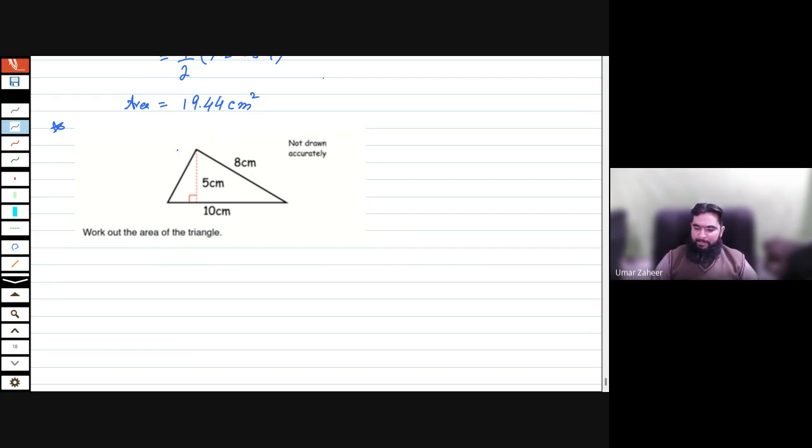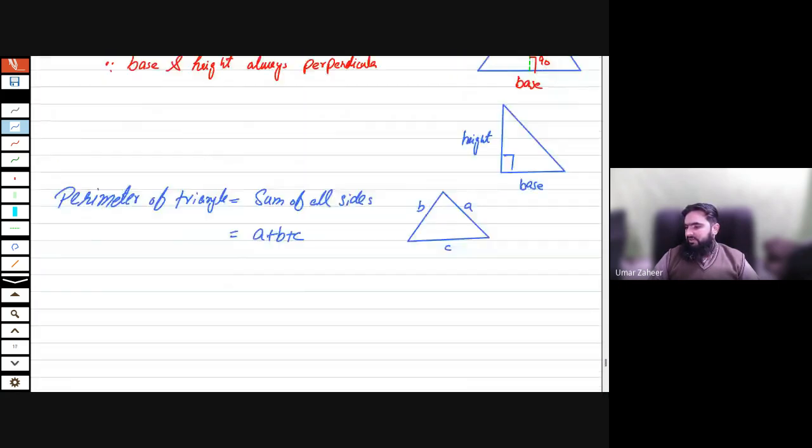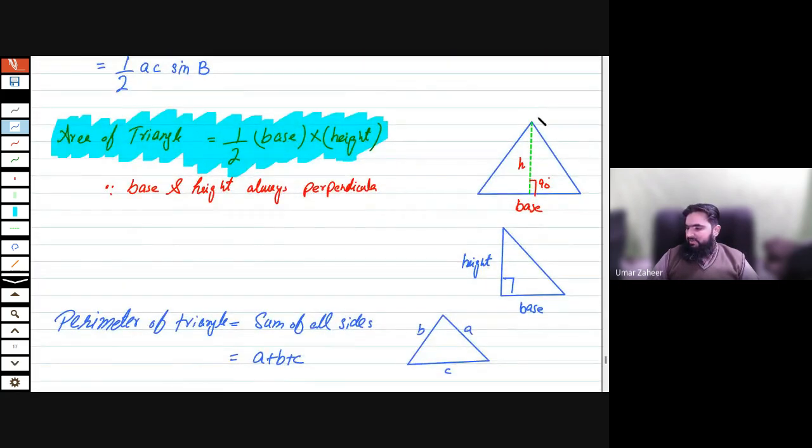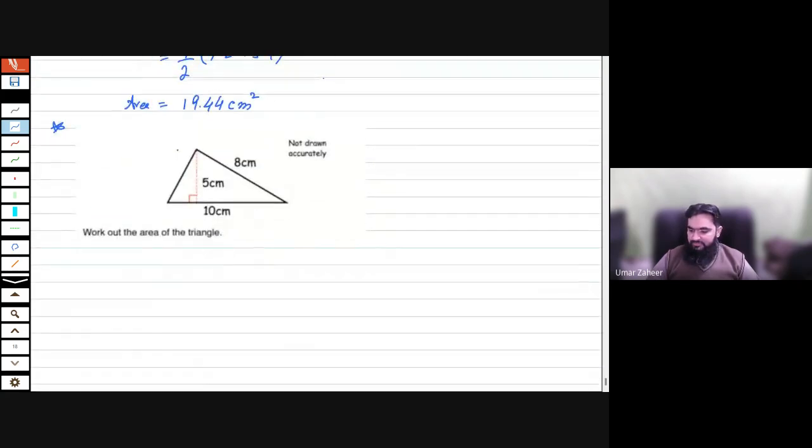Look here, if you have a triangle like this, the height becomes like this. The side that is at the bottom will be the base. So we are going to use the same technique.